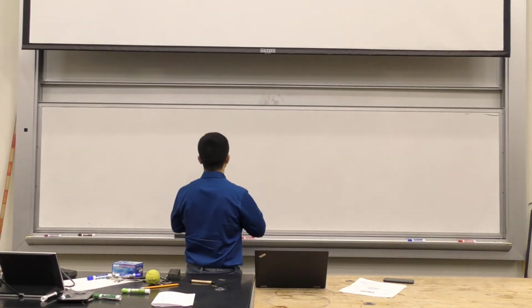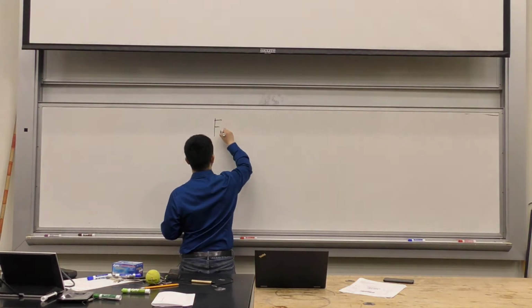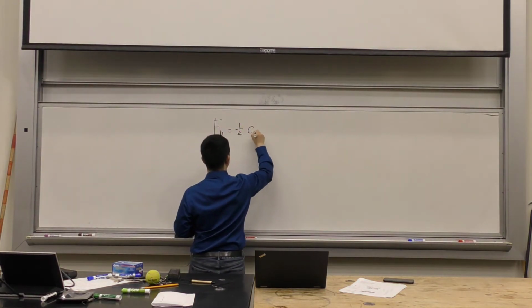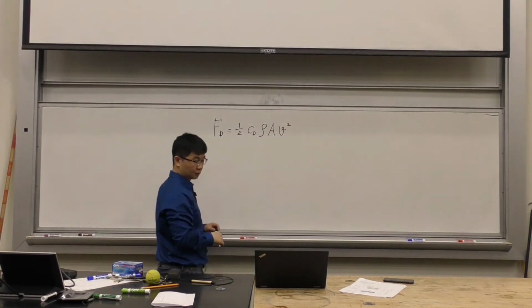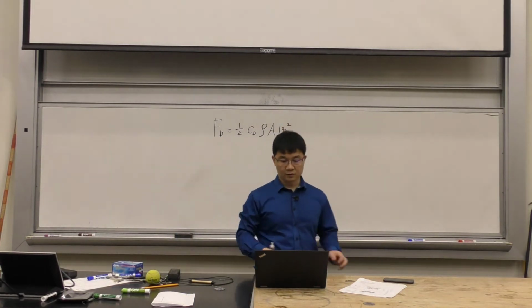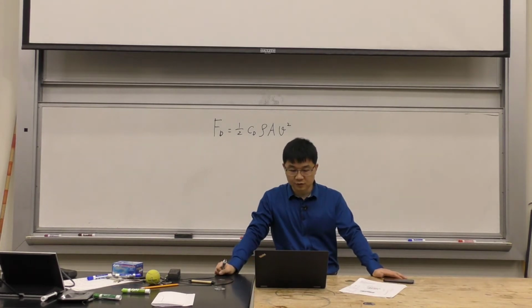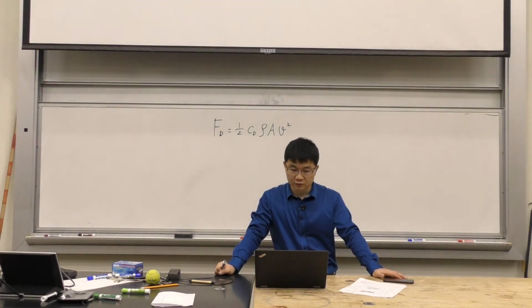So this is the equation: 1/2 C_D rho A V squared. There are many symbols here. What are these symbols? C sub D is called the drag coefficient. It's a dimensionless number, like mu S or mu K, that's the coefficient.